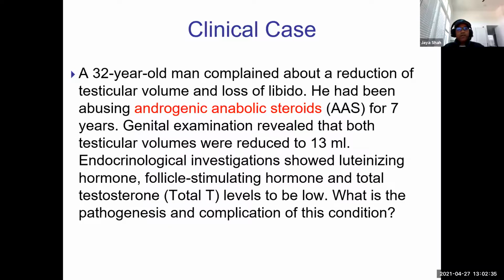So what is the pathogenesis and complication of this condition? So our body produces androgenic anabolic steroids. Our adrenal gland, our gonads produce it. But if you take these things from outside, what happens?